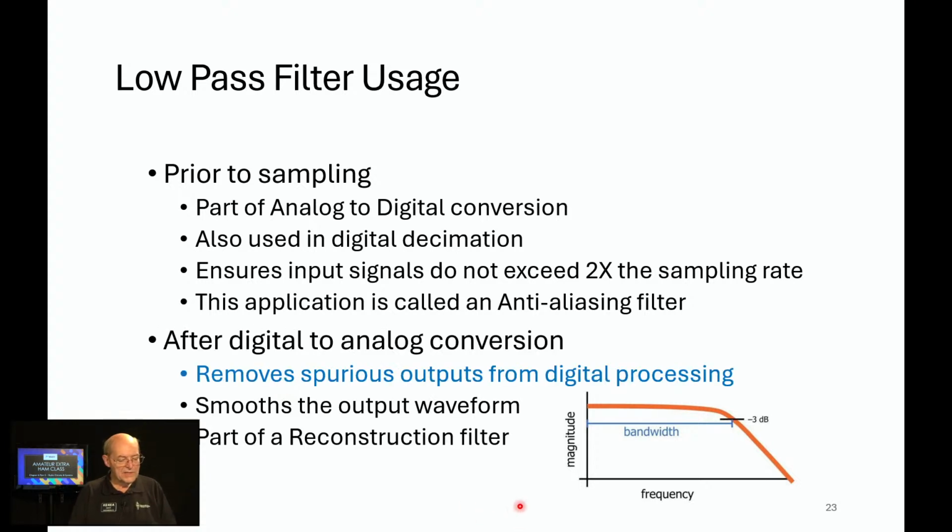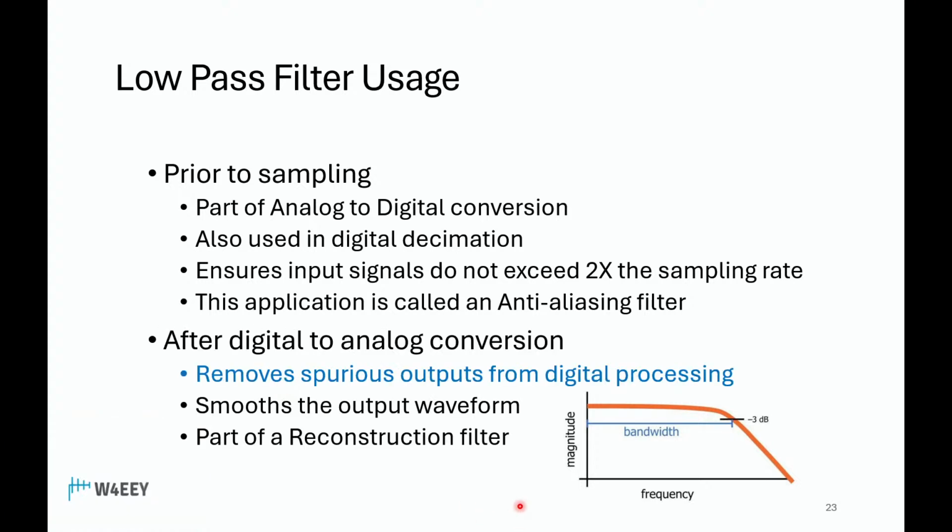We'll see these low-pass filters used all over the place in digital electronics. So we've seen this. Now, after digital to analog conversion, we want to remove the spurious outputs from the digital processing. The recovered waveform will look like a stair step, so we'll want to use a low-pass filter to turn that back into a sine wave, or speech that can be understood.